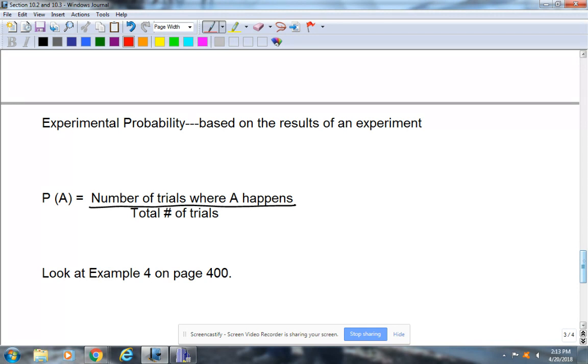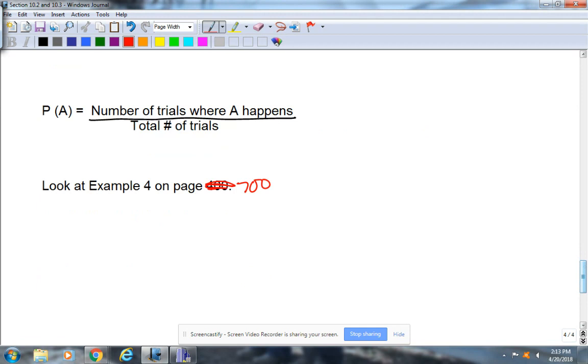We're obviously not on page 400. That should say look on page 700, not 400. Mark that out on your paper. My bad. I apologize.